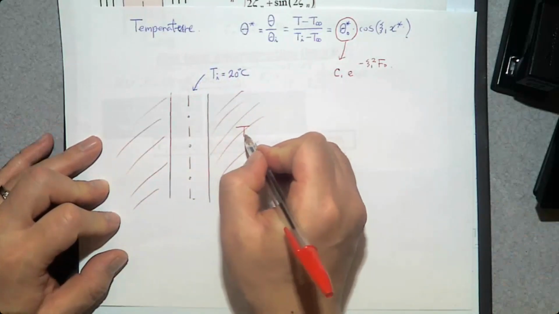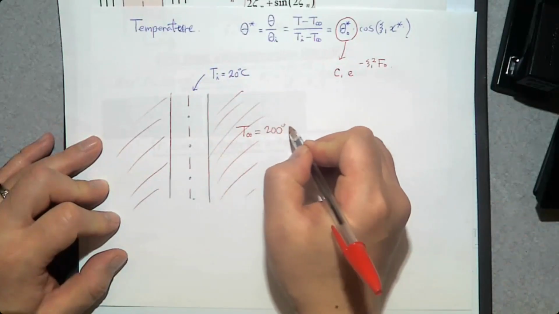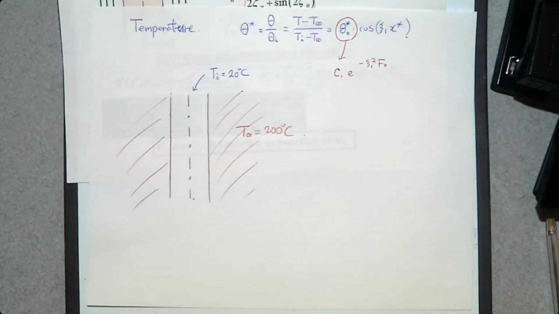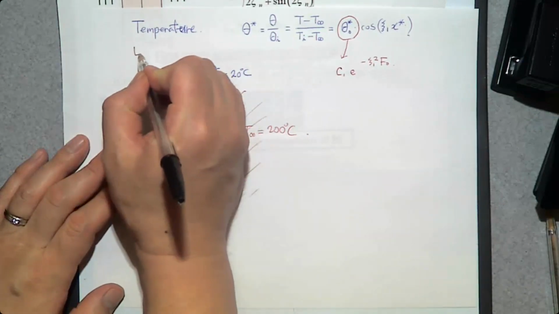Let's say T infinity is maybe 200 degrees Celsius. Then you want to know how long it's going to take to raise the temperature of this plane wall. And we assume that this is not a lumped system.